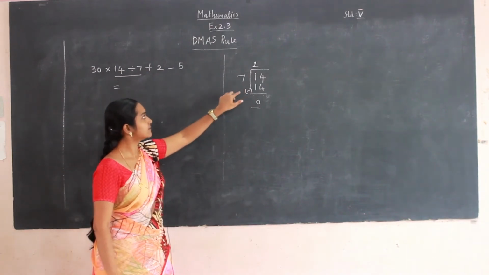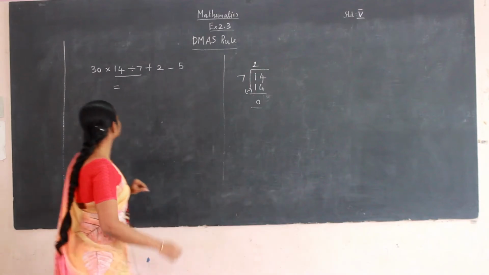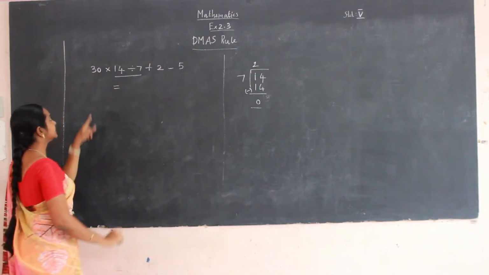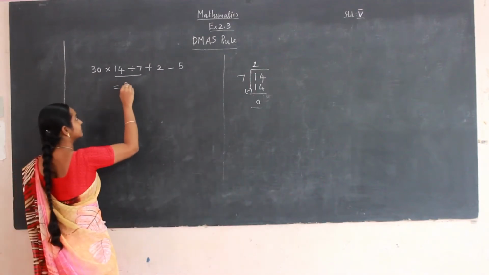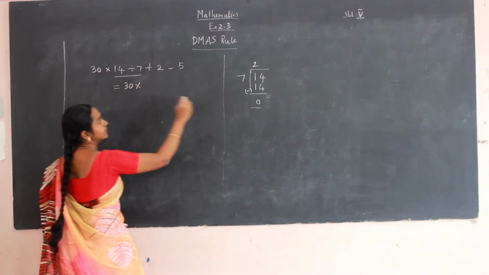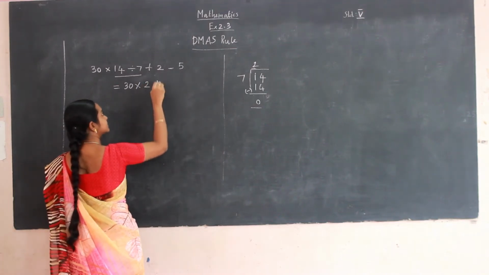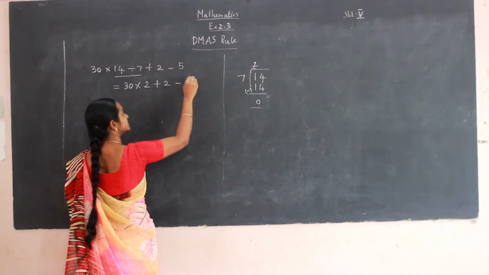So if 14 is divided by 7, the quotient we got is 2. So write 30 as it is, into, write the quotient 2, plus 2 minus 5.